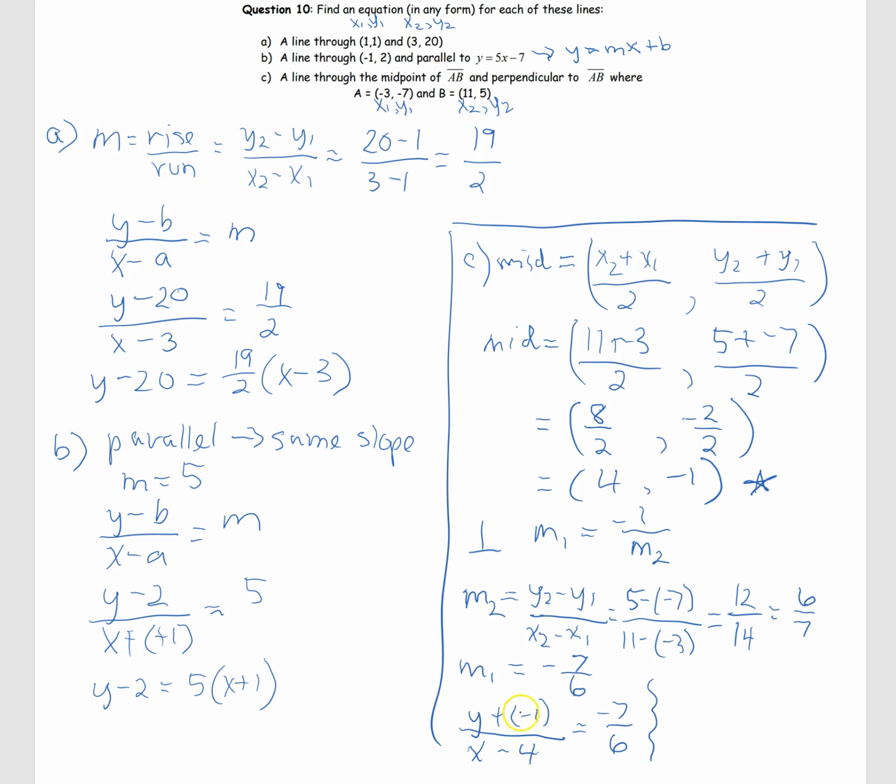This is going to end up being y plus 1. And if I multiply my x minus 4 over to the other side, I get -7/6 times x minus 4. And this is the equation of the line in part C.